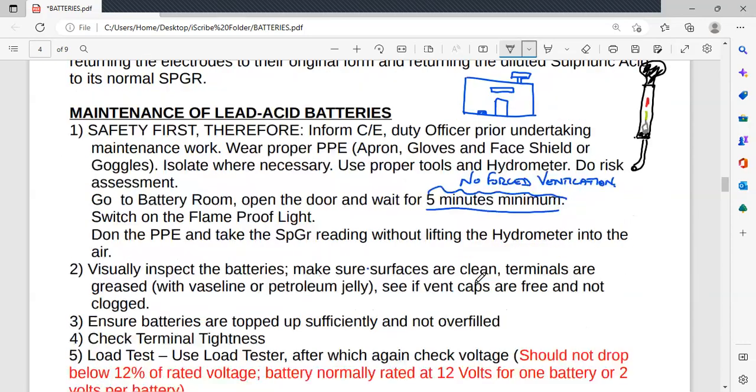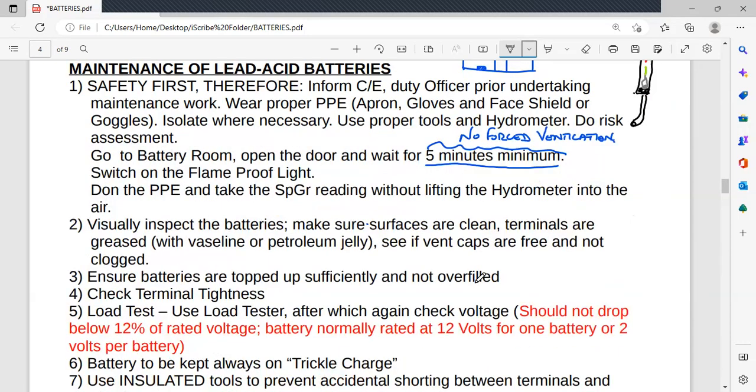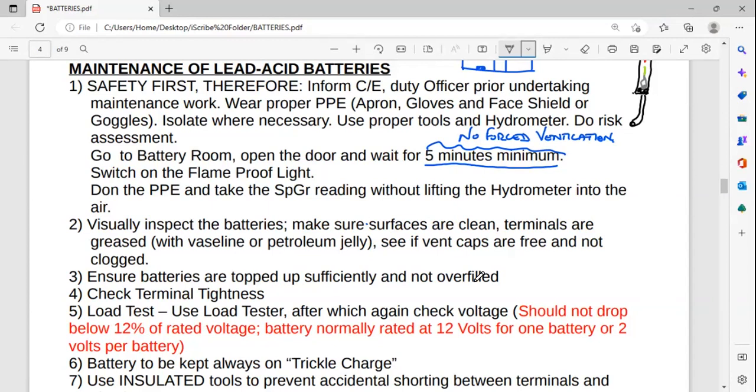Number 2, visually inspect the batteries. Make sure surfaces are clean, and terminals are greased with either Vaseline or petroleum jelly, not with any other grease. Sometimes I used to go on board and find a brown substance and wonder what it was. People have used grease. On board the ship there are various types of grease.